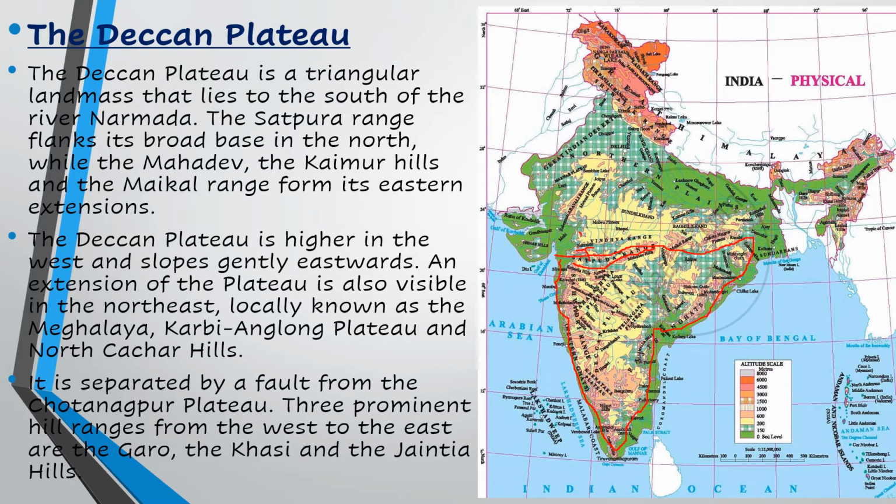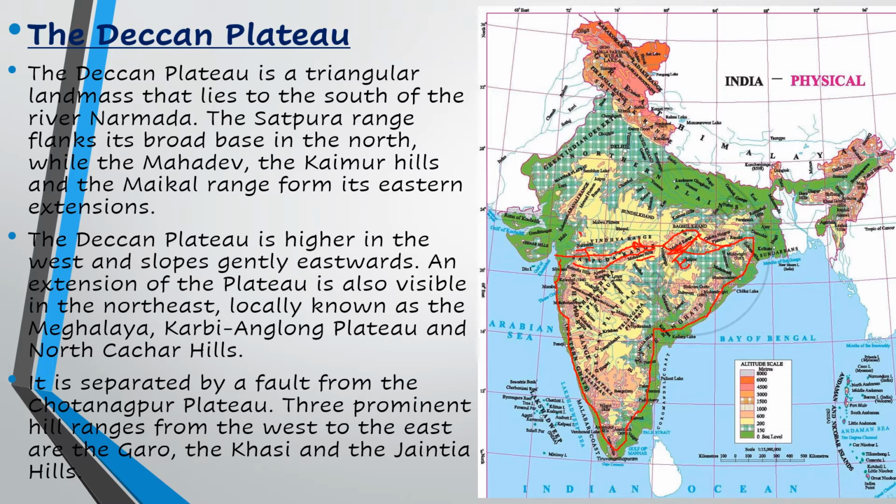So for the Satpura range, its upper portion is north, so it is extending its base in the north, while the Mahadev Hills, the Kaimur Hills and the Maikal Range, you can see the Maikal Range over here, these two cover the Deccan Plateau. Clear? This particular range extends towards the east.